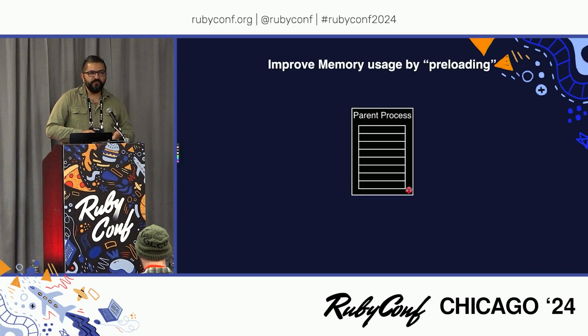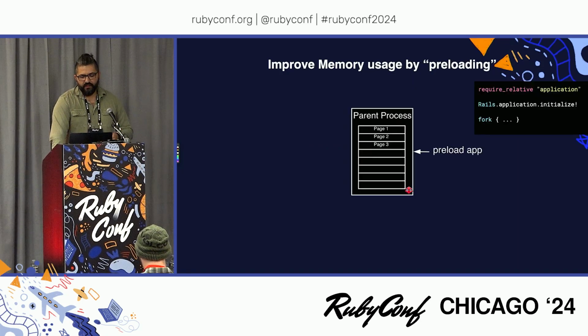And so you really want to improve your memory usage by doing something called preloading, which you may have seen before. Preloading basically just means before I start forking, I require some amount of code. By requiring that code in this example here, I'm requiring the Rails application code, and I'm calling initialize. And so if you have YJIT running, you're going to get some bytecode. You're going to load a bunch of your classes, maybe some things that are memoized or initializers run.